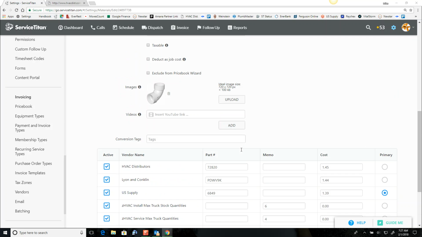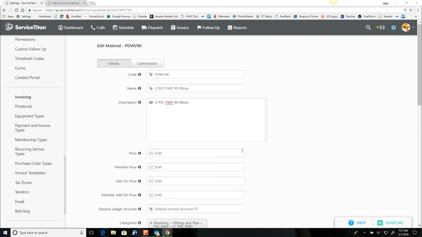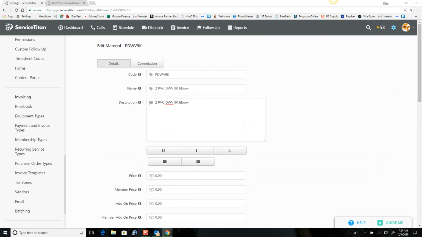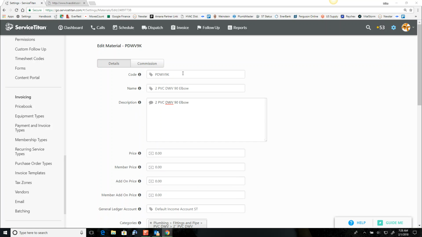What Service Titan is recommending I do in order to export my price book is put the same fitting into my materials under 3 different codes. However, when I have to manage price increases, I don't want to have to find it in 3 different spots.